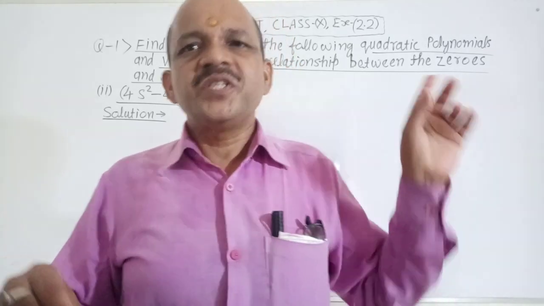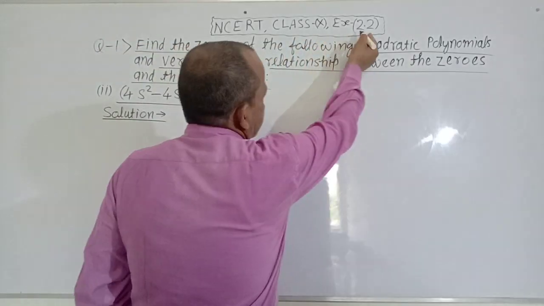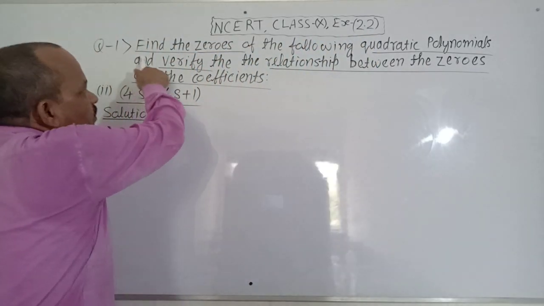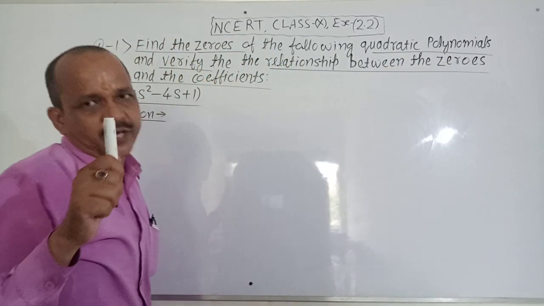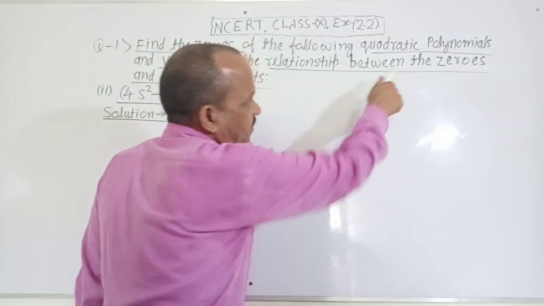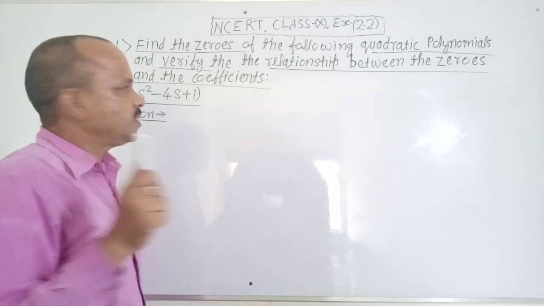Very good. See the board. NCERT class 10 exercise 2.2. Question first. Find the zeros of the following quadratic polynomial and verify the relationship between zeros and the coefficients.